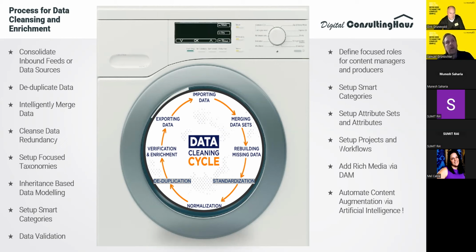And from then on, the cycle starts again, and we get new data, and we have to let the washing machine, the data laundry machine, do its magic again and help us to keep golden records, which means for every product, one data record that has all the attributes we want, and no duplicates, and very precise, clear data that is appealing to a potential customer.